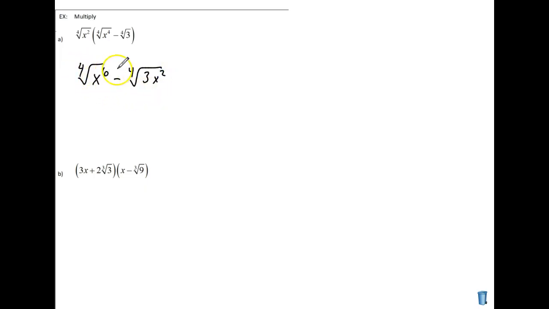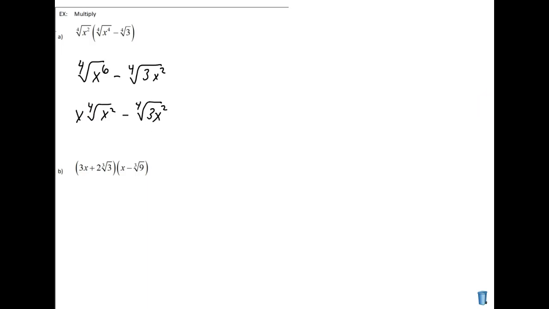Well, the 4th root of x to the 6th becomes x times the 4th root of x squared minus the 4th root of 3x squared. Well, can I combine those together? Well, this is the 4th root of 3x squared, and this is the 4th root of x squared. So they're not like radicals. I cannot put them together.